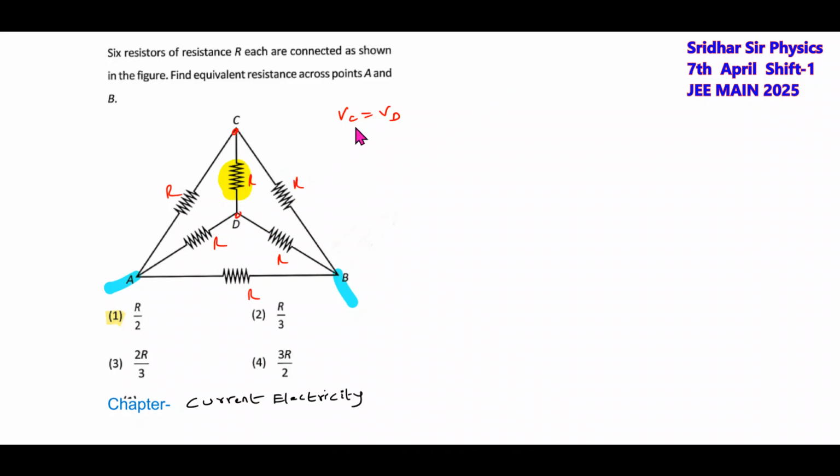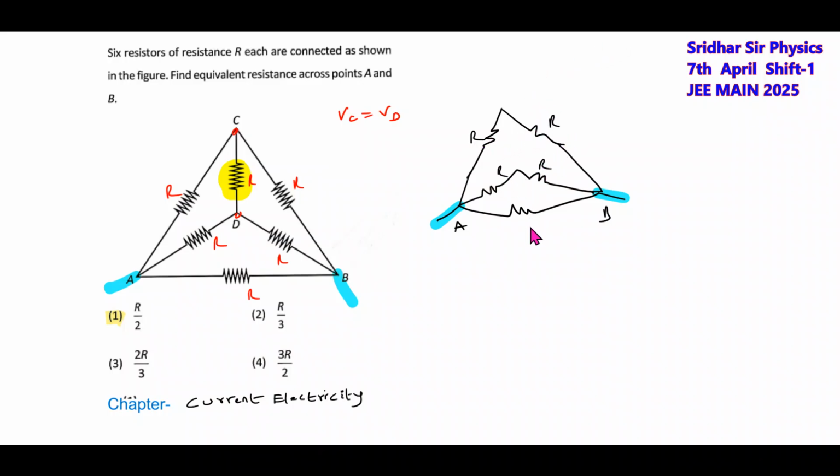So now the total circuit will appear simple, a series parallel. This will become R, R, R, R. 2R parallel to 2R will be R, so the effective resistance will become R by 2.